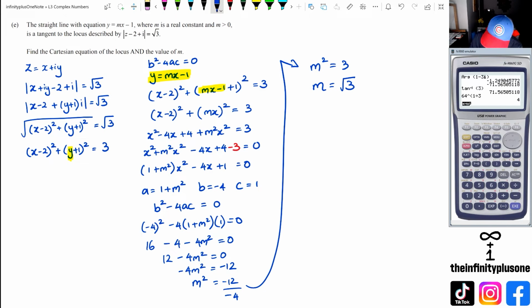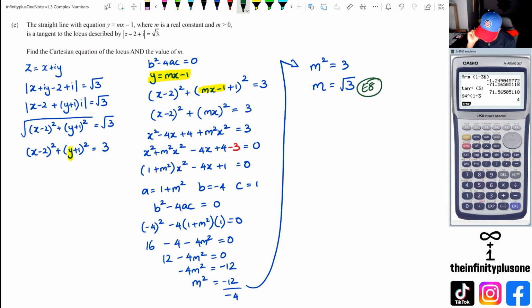Okay, so grades wise, they actually say in the answer schedule, don't penalize for plus or minus square root of 3, but you do get an E8 for getting right to the end. If you make a minor mistake somewhere, you could get an E7.